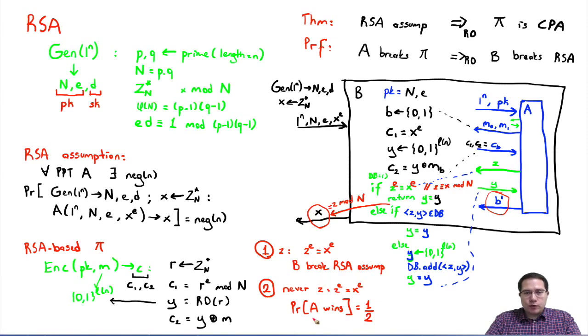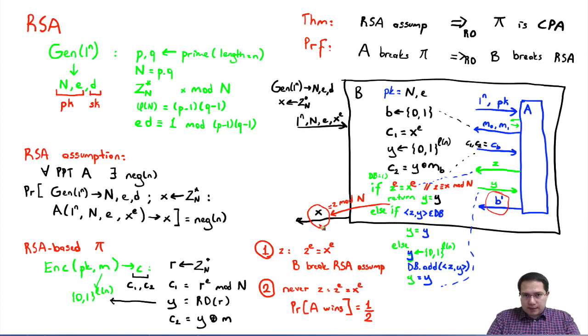So if A never queried, he can only win with probability 1 over 2. On the other hand, if A ever manages to query for, let's say, x, or essentially z to the e that is equivalent to x to the e, then B is breaking the RSA assumption.